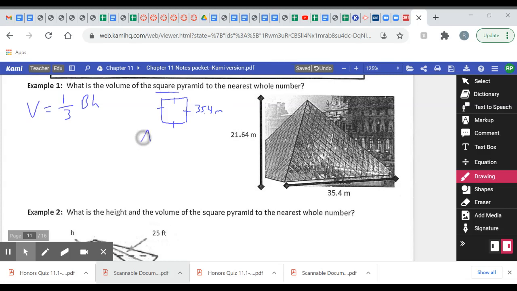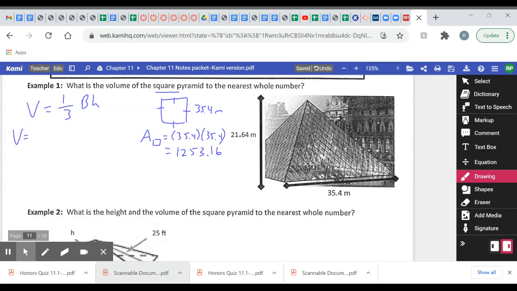So if I want to find the area of that square, then I can go 35.4 times 35.4, or 35.4 squared, and that will give me 1,253.16. All right, so that is my area of my base.